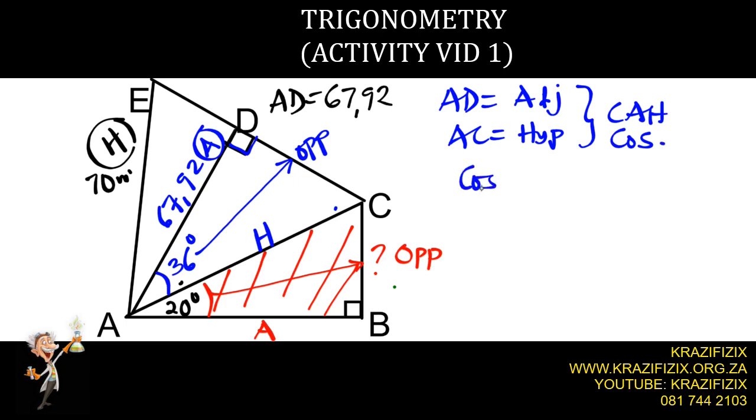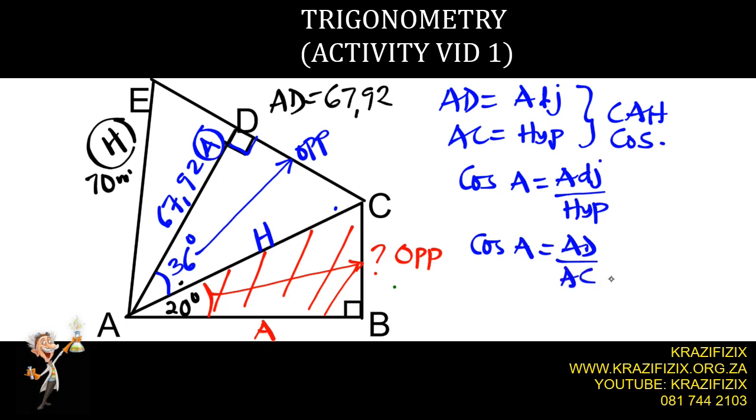Cos A equals adjacent, which is AD, over hypotenuse. Cos A, what's my adjacent? AD. And what's my hypotenuse? AC. So can I say cos 36, what is my AD? 67.92.